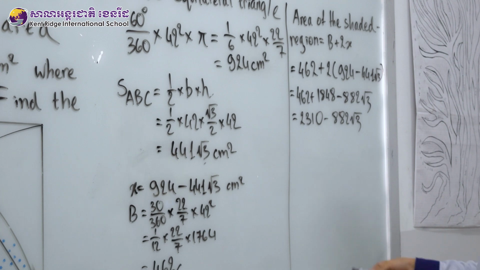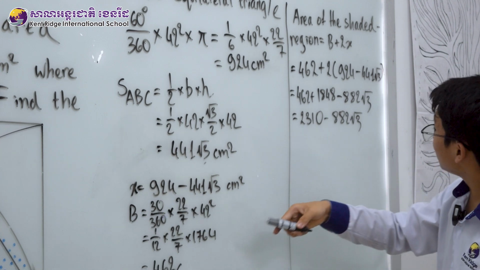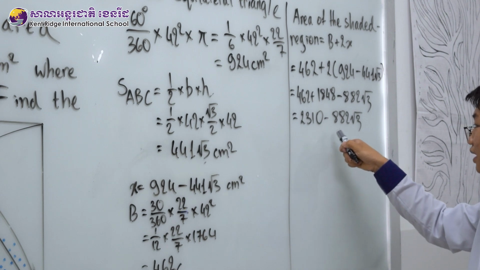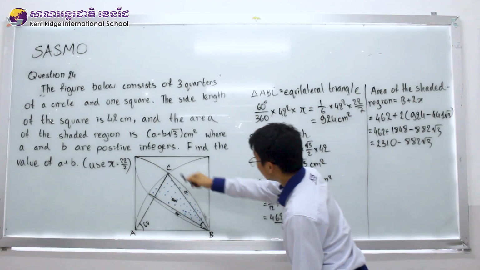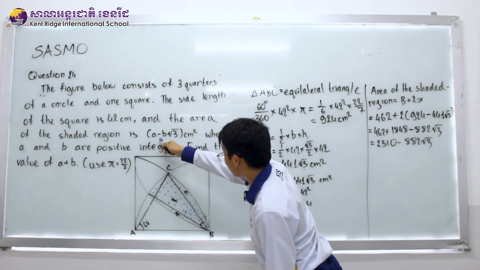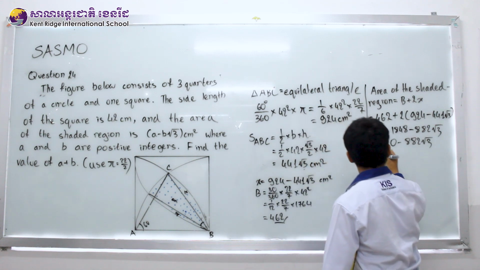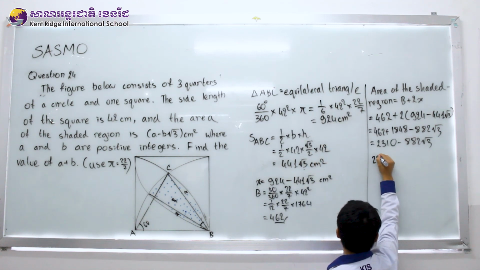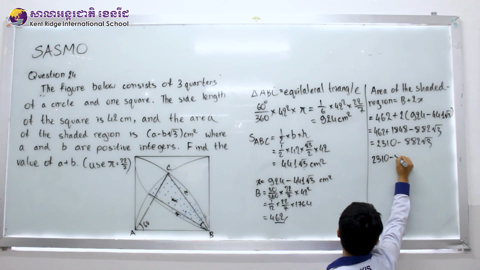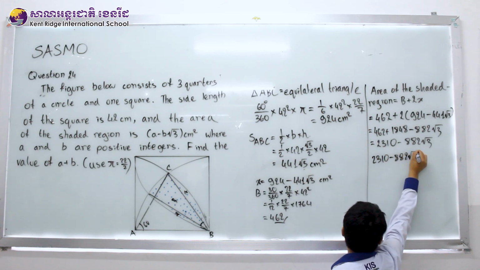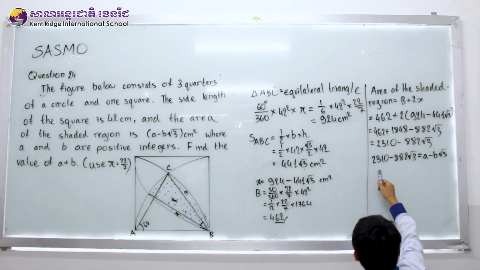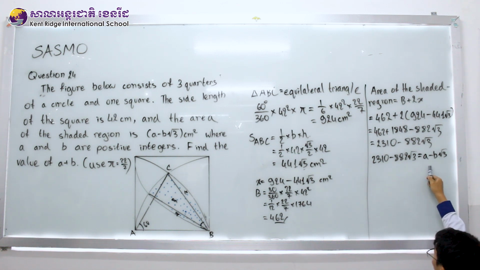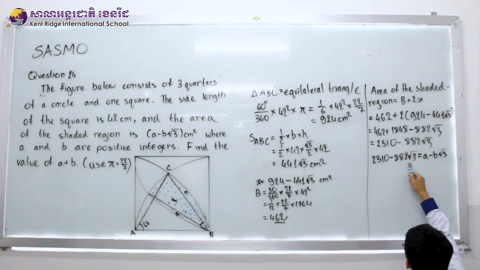So now that we know the area of the shaded region equals 2,310 minus 882 square root of 3, let's look back to the question. The shaded region is a minus b square root of 3, which we can see here. So we'll write it as 2,310 minus 882 square root of 3 equals a minus b square root of 3. So now we can see a resemblance. 2,310 equals a, whilst 882 equals b.